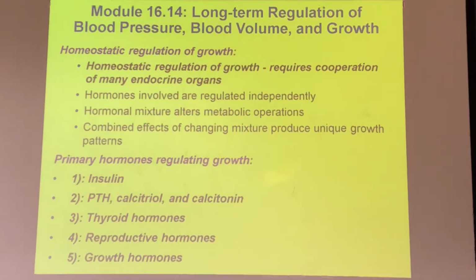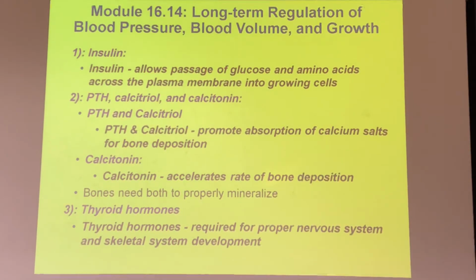So this is number one, insulin allows the passage of glucose and amino acids around the growing cells. PTH, calcitriol and calcitonin, these three of them, promote absorption of calcium salts for bone deposition. Calcitonin accelerates the rate of bone deposition so that bones are strong.